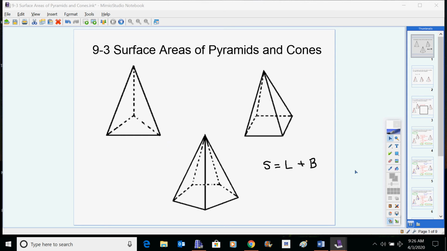The last couple lessons have been hopefully not too terribly difficult for you. Today we're going to go through pulling apart this formula for the surface areas of pyramids and cones. I'm going to walk you through a couple things on the website. We can't hold them in our hands, but you can take a look at some really good 3D models of these, which might be helpful, especially if you're very tactile and want to play around with some things.